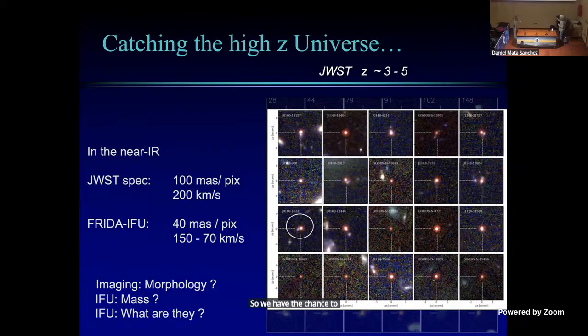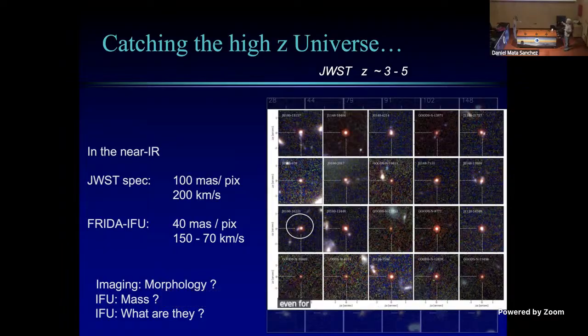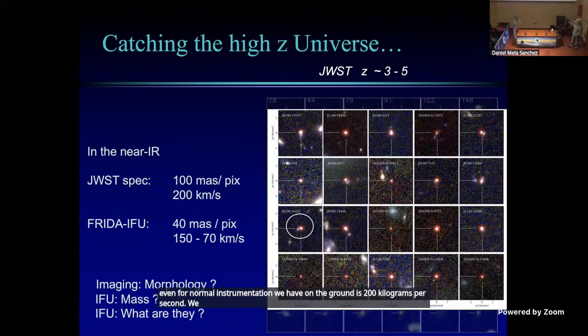And the other problem they have is a compromise of the things you want to do when you make the science. They have a spectral resolution which is relatively low, even compared to normal instrumentation we have on the ground, around 200 kilometers per second. We get much higher, and therefore we can afford this spectral resolution.